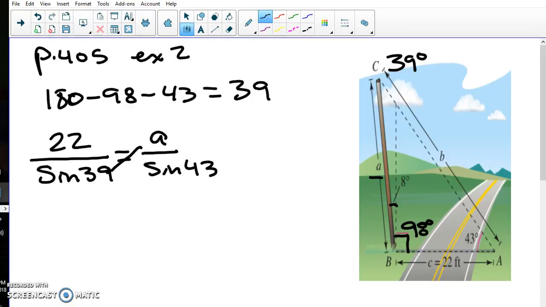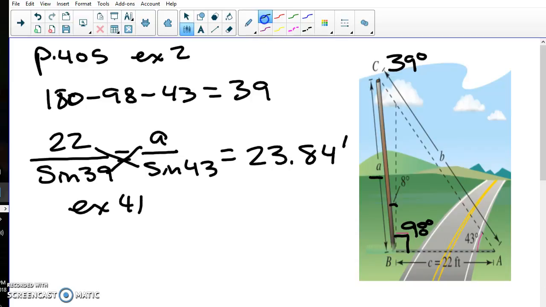So doing that cross multiplication, we would multiply sine 43 by 22 and divide by the sine of 39, coming up with a solution of 23.84 feet. Go ahead and try exercise 41. You should find that on page 411.